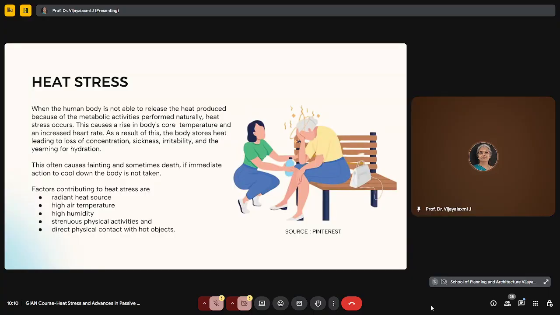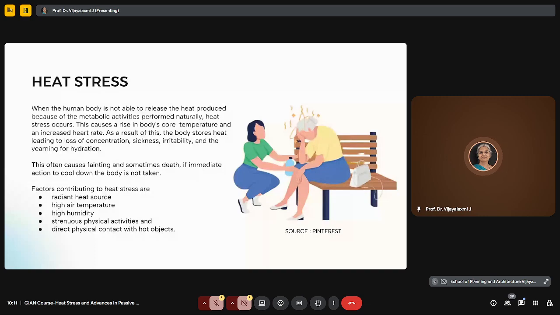If you see, when the human body is not able to release the heat that it is producing because of any reason, because of heat from external factors or our own metabolic activity, then heat stress can occur. Because of this, the body's inner core temperature can increase.